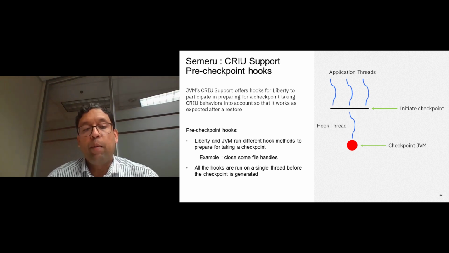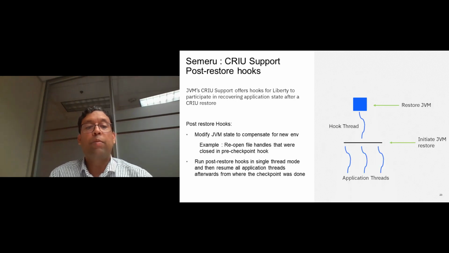Now, I'll give one example of what that sort of compensation could be, which is to close some file handles that may be open, so that you don't have to worry about the contents of those files when you're restoring. CRIU fails to restore if the contents of the files that it has open have changed. So in order to avoid unnecessary restore issues, you can close some file handles that you no longer need.